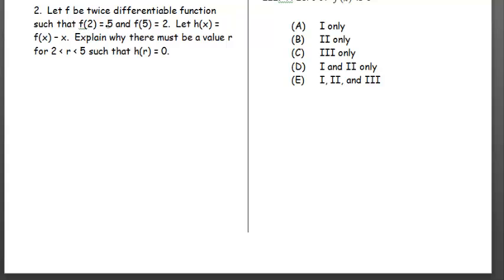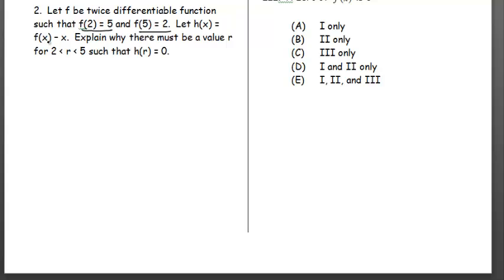All right, f is a twice differentiable function. That just means that it's capable of being differentiated twice. Okay, notice that you get 2 points that are on the f function. Okay, so far so good. All right, then it gives us another function h that's equal to f of x minus x. And let's just kind of pause here. If h is built from f and f is differentiable, then h is also differentiable.